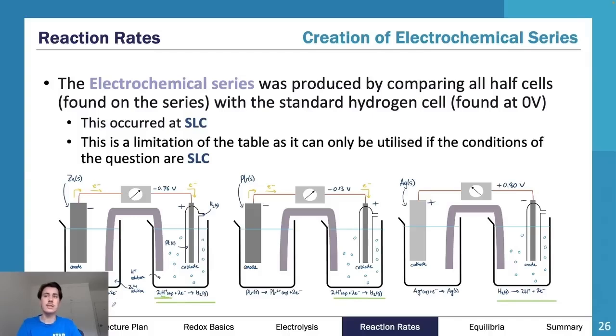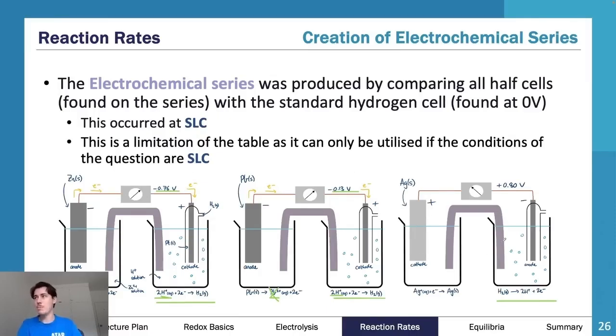Then we had our lead, and we determined that Pb2+ is also a weaker oxidant than H+, but it's not as weak as Zn2+. Why? Because there was a much smaller potential difference, or a much smaller voltage, than this one here. This determined that there is a much bigger gap going on.